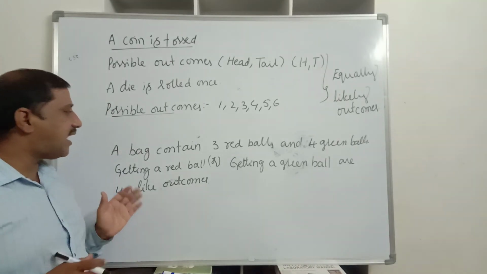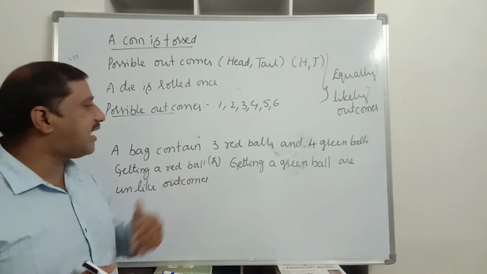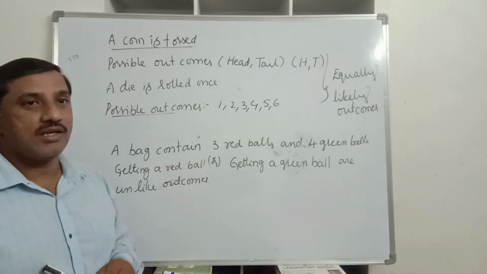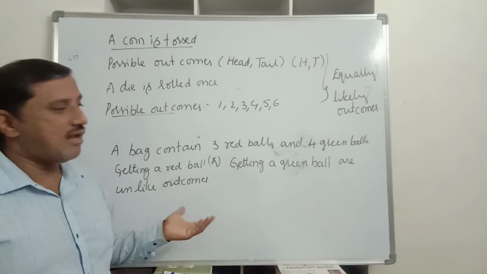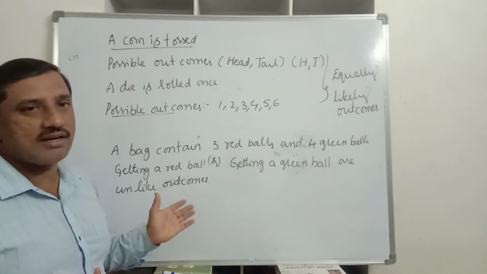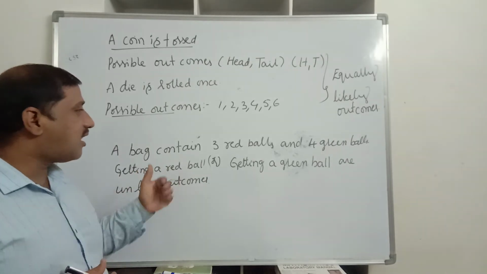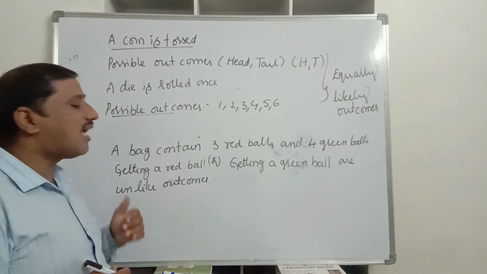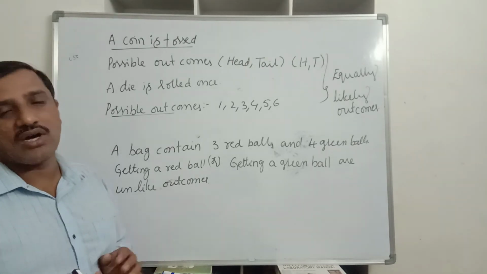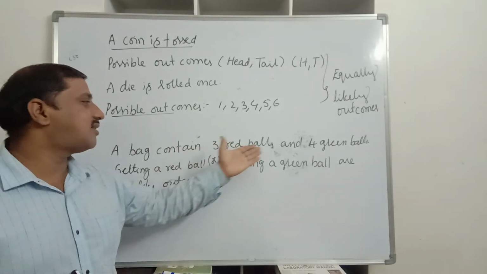Similarly, suppose a bag contains 3 red balls and 4 green balls. For getting a red ball, there are only 3 chances, and for getting a green ball, there are 4 chances. So these outcomes are known as unlike outcomes, as they have unequal chances, 3 chances and 4 chances.